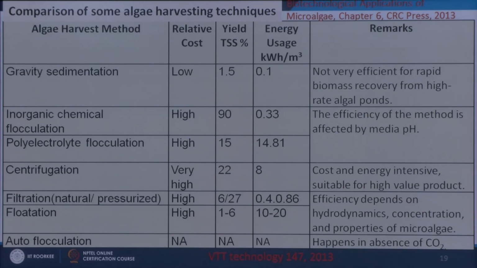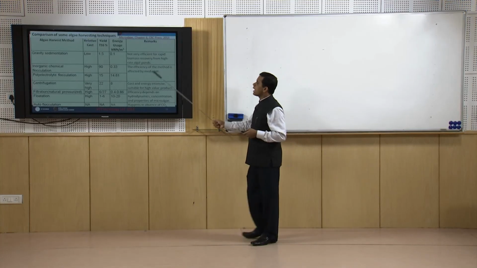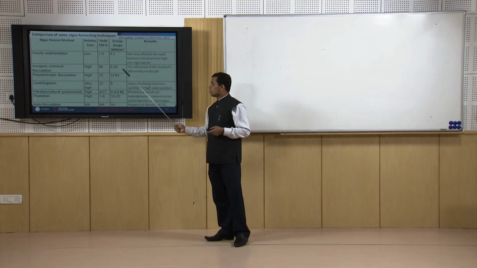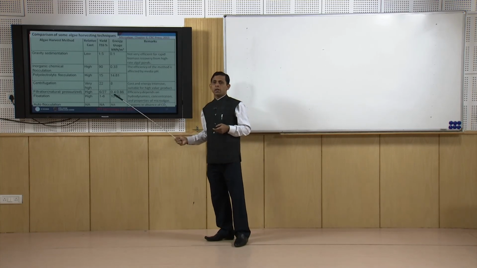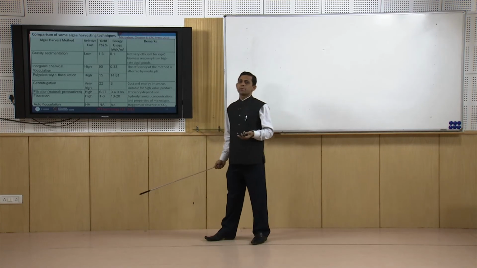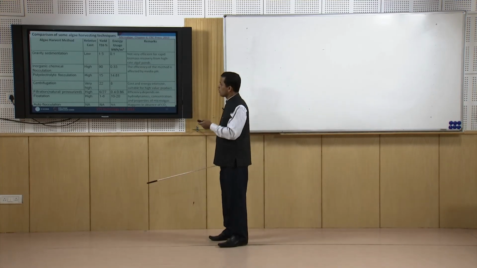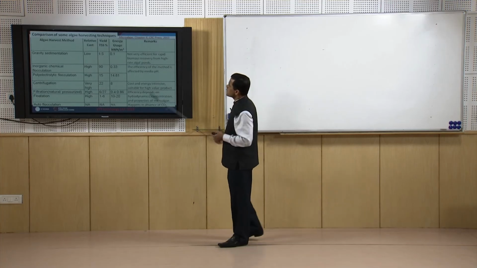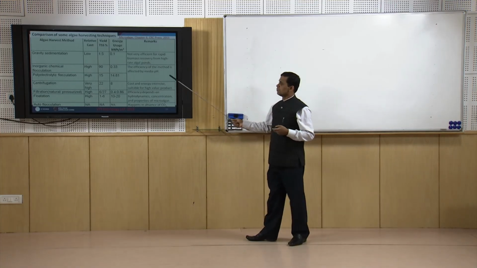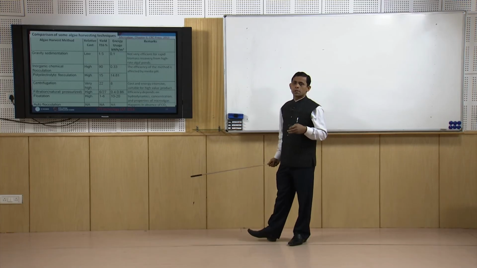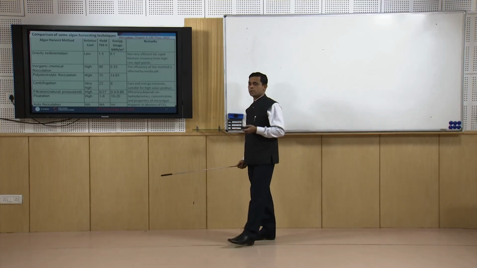So, from this table it seems that all the methods have some limitations. So, more investigations are going on to develop new methods with fewer limitations and more economic feasibility. This is the major part which contributes to the cost of the whole process.